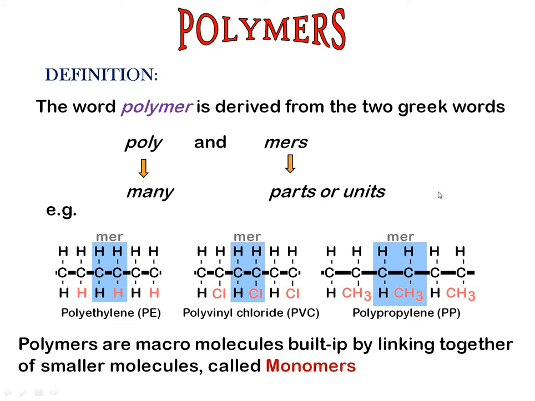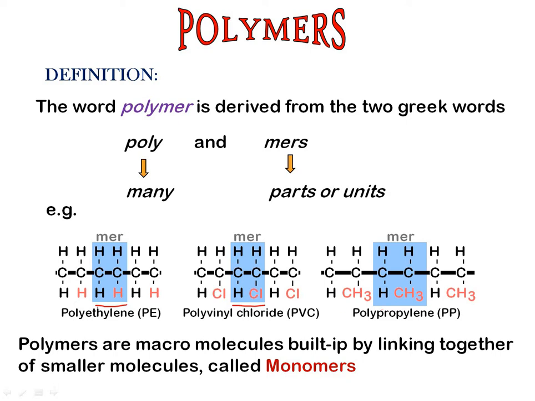So we can define a polymer as a macromolecule built up by linking together of small molecules. These small molecules are called monomers. And here you can see polyethylene, polyvinyl chloride and polypropylene.